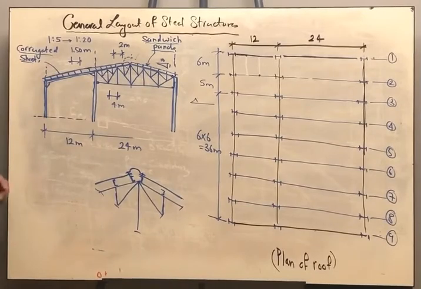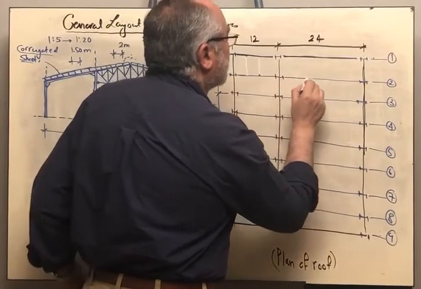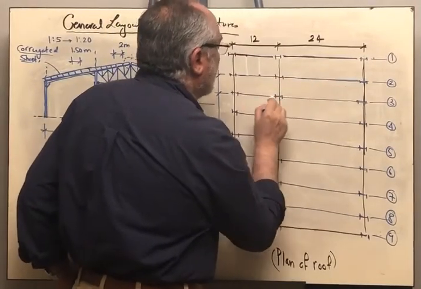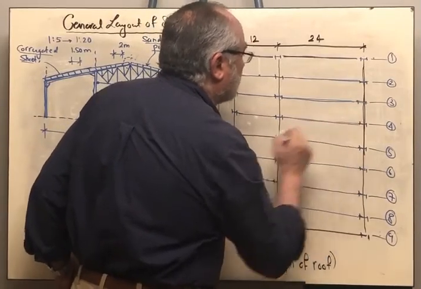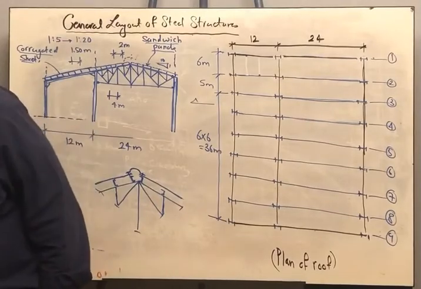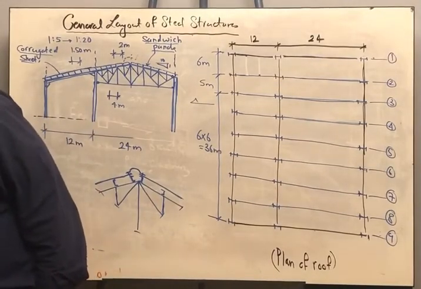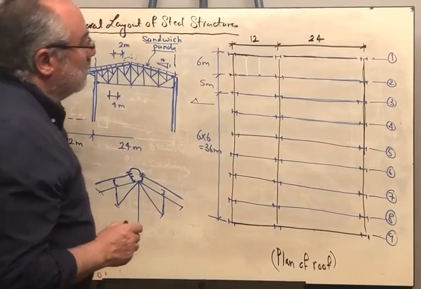Okay, we want to draw this on the plan. On the plan we have the main system drawn in blue. We indicated the columns of the main system. We want to draw the purlins now. Let us draw the purlins in black.